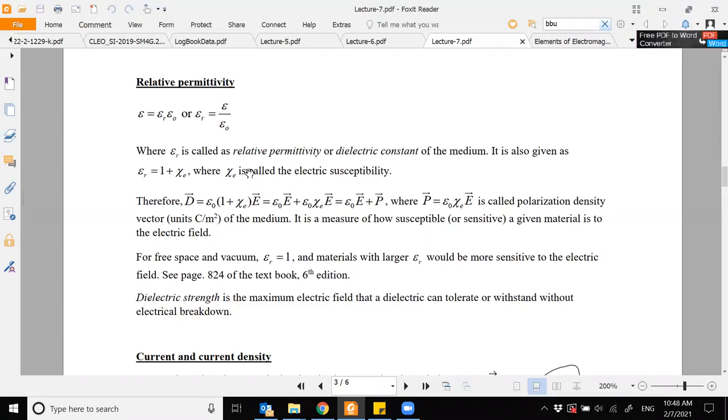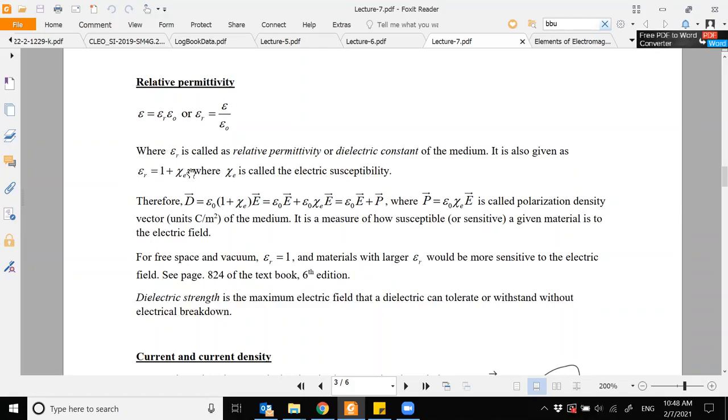That is put under what is called electric susceptibility. But we will not go into the detail of that. I just explained a little bit of physics, the definition of chi e, which is called electric susceptibility. And add 1 to it, you will get the relative permittivity.